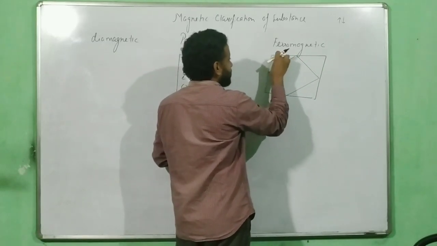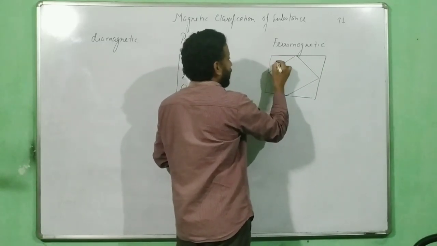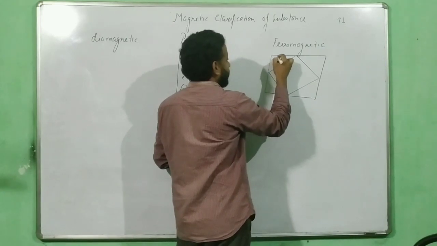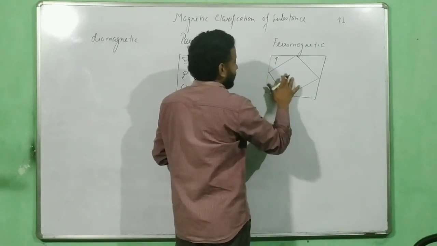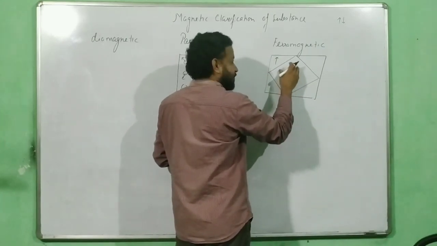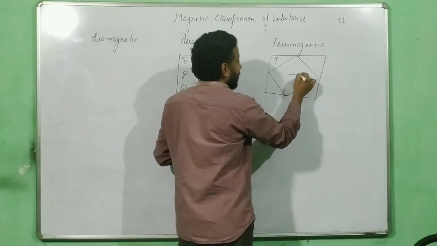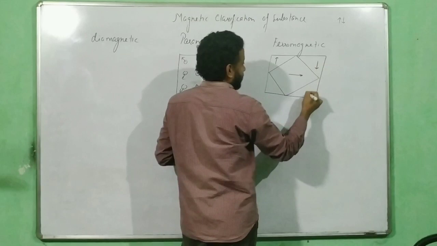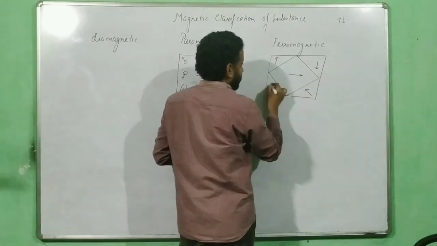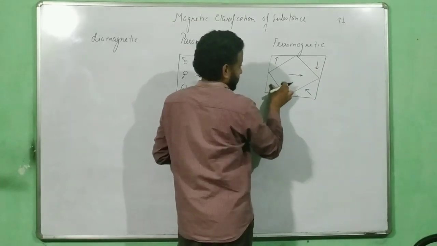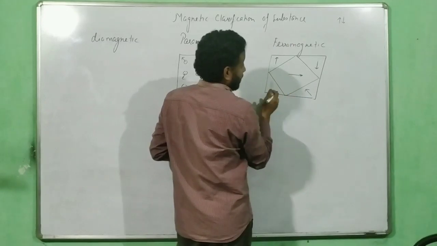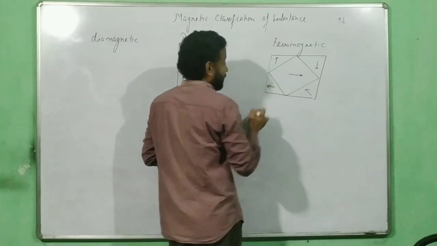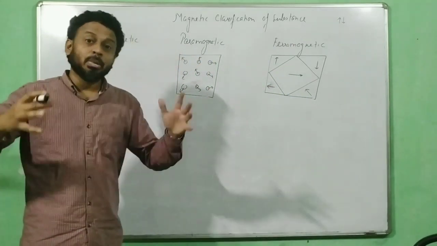In this domain, whichever atoms are present, all will have a magnetic moment in this direction. In another domain, let us say all atoms have a magnetic moment in this direction, and in another, this direction. So they exist in domains.